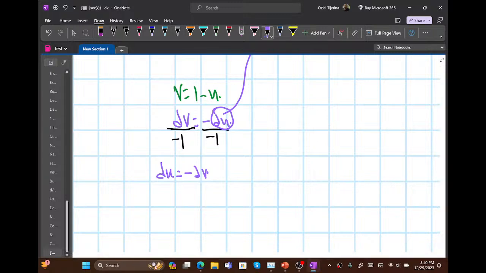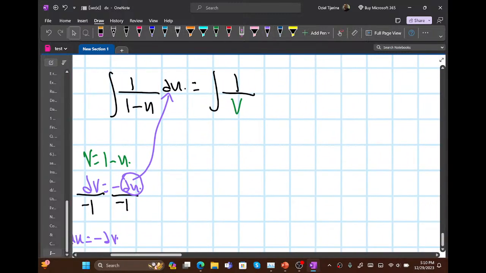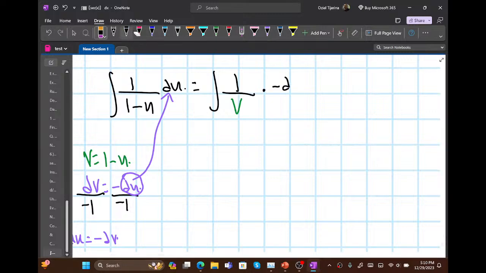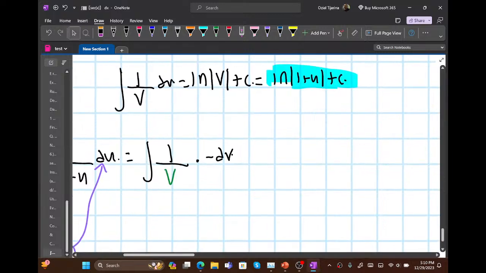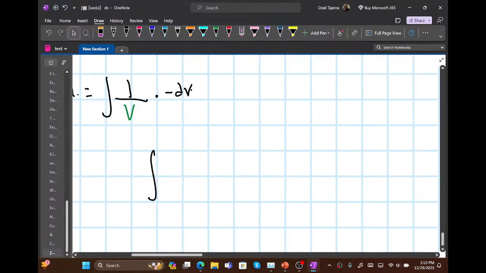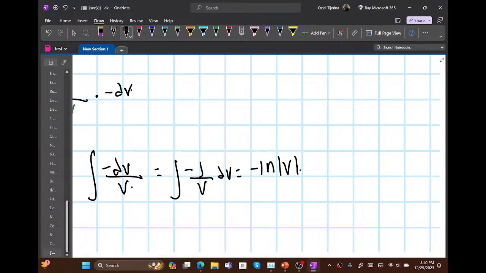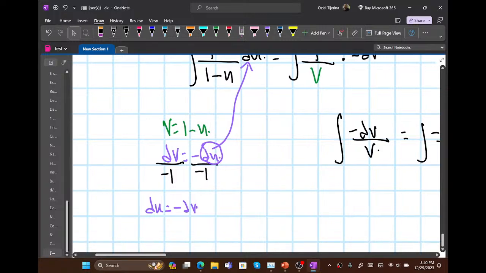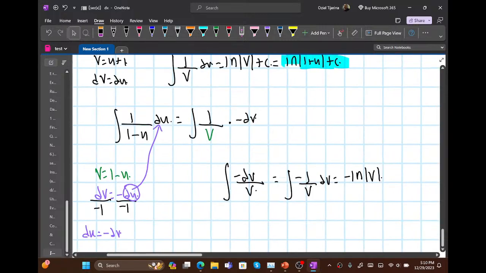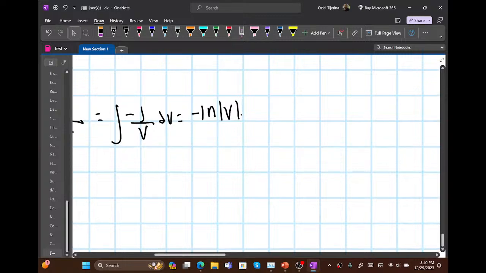So then this will give me the integral of negative dv over v, which is equal to the integral of -1 over v dv, which is equal to negative the natural log of the absolute value of v. And remember that we had made v equal to 1 minus u, excuse me. So in other words, we're just going to back substitute that.